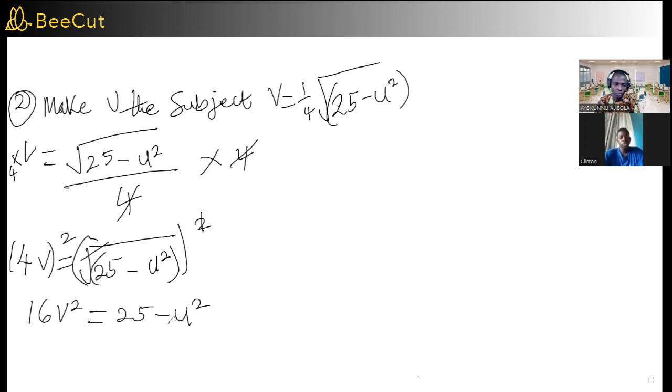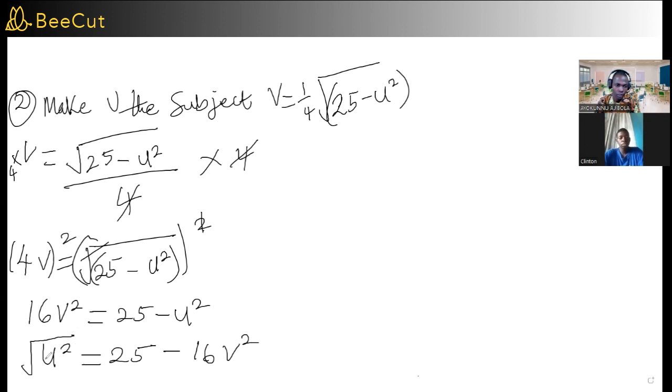Here now, u is what I'm looking for, and it's carrying negative. So why not move it to the other side so that it can be positive? Then whatever is on the other side comes in. So I have u square equal to 25, then what is coming? Minus 16v square. Now, I have made u square the subject. It remains u, so I have to remove the power of 2.